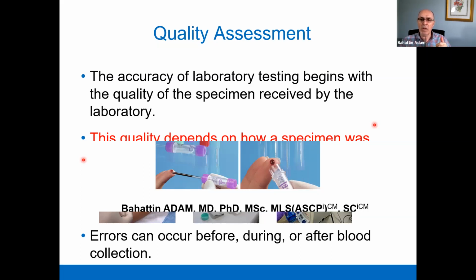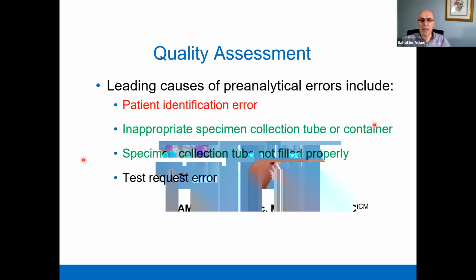As we know, errors can occur before, during, and after blood collection. Therefore we have to pay attention once we receive a blood sample, because it will affect the total quality of test results.